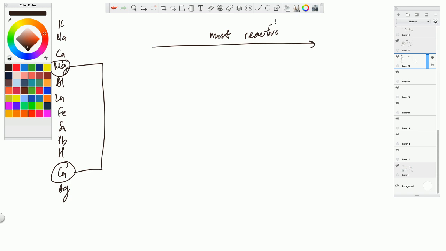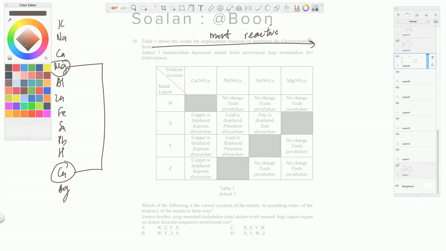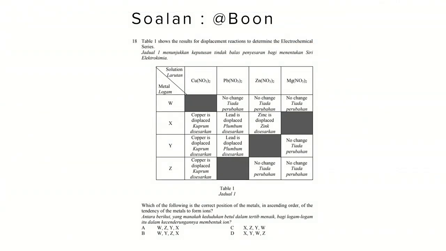So ascending means from the least to the most. All right. The one that has a reaction with everybody is the most reactive. Okay? So the one that displaces everybody. Copper is displaced, lead is displaced, zinc is displaced, so X.